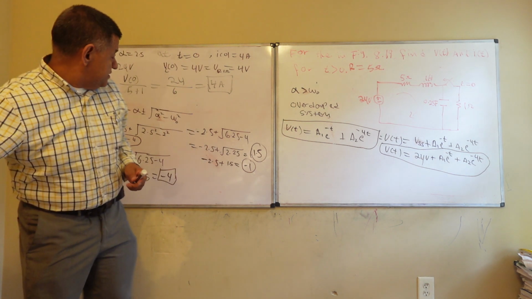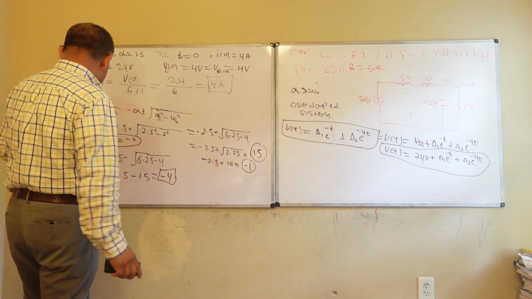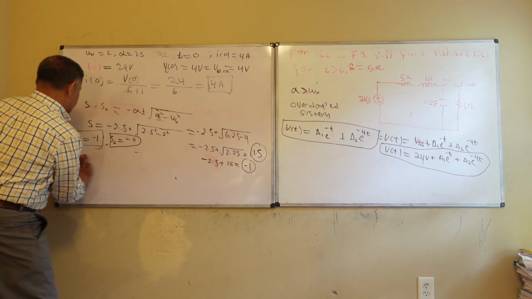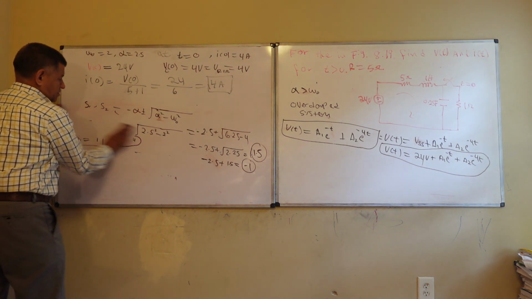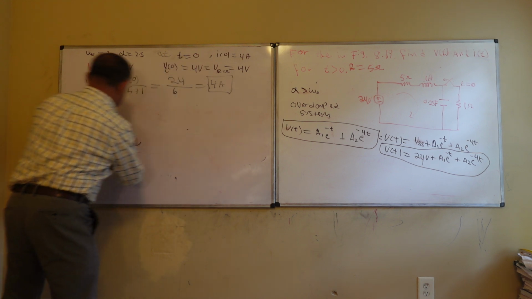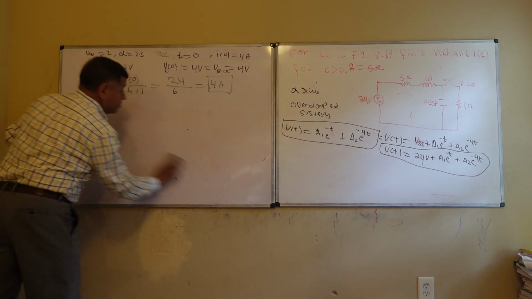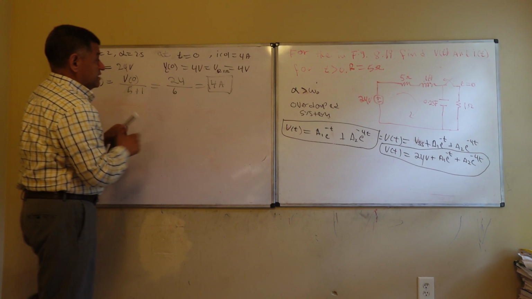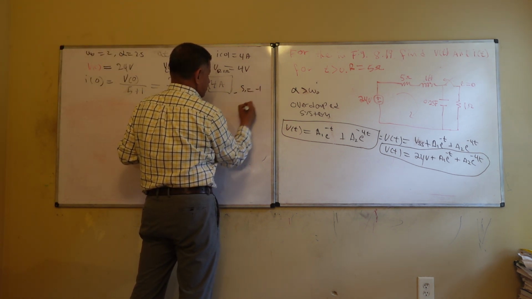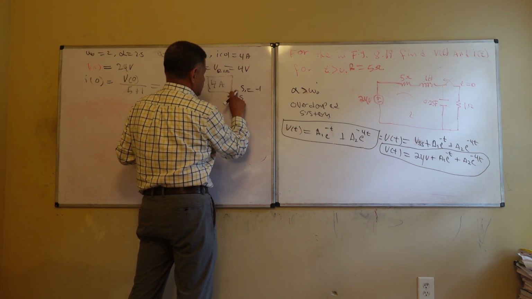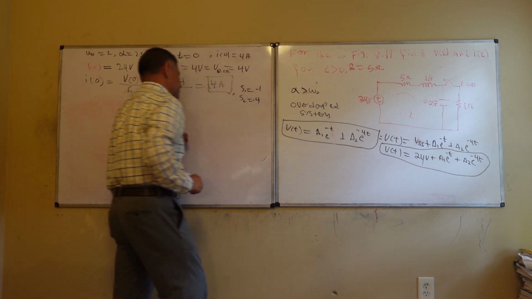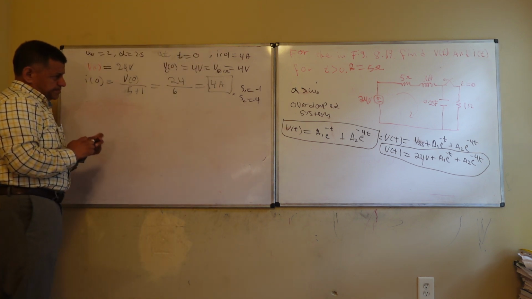Now we can actually start working with this. I need some room here. Okay, so we know that s1 is equal to -1 and s2 is equal to -4.